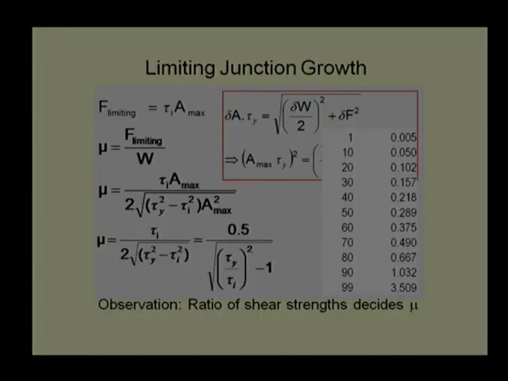So, we can interpret this tabular result in such a manner that the ratio of shear strengths decides mu. It is not an absolute value of tau_i or tau_y that decides the coefficient of friction due to adhesion, but the ratio. If the interface is strong and the bulk material is also strong, we will get one kind of shear strength.